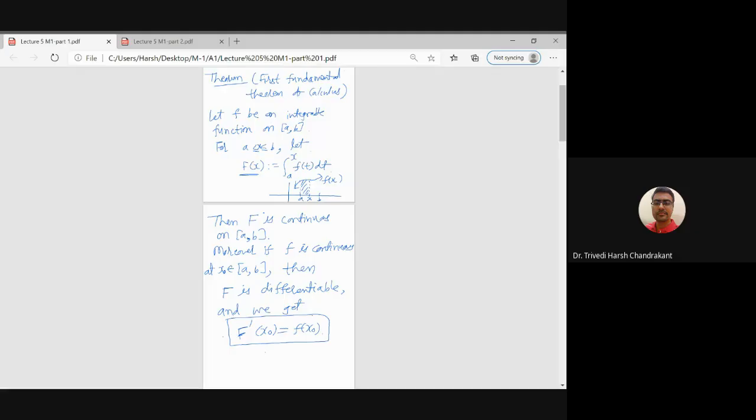This capital F function is known as the antiderivative of the small f function.